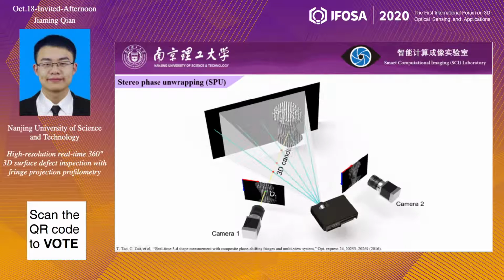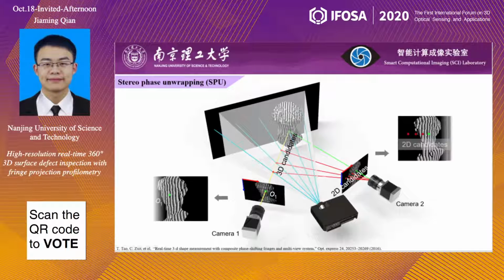For point P1 in camera 1, it may have n possible fringe orders, with which n possible 3D candidates can be reconstructed by camera 1 and the projector, where n is the number of the used fringes. These 3D candidates can be projected onto camera 2 to get possible 2D candidates.